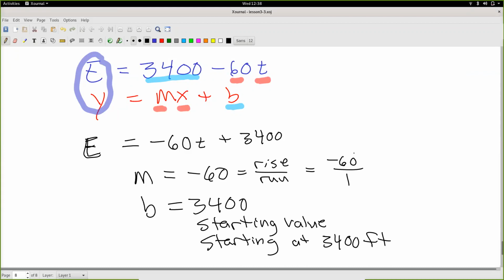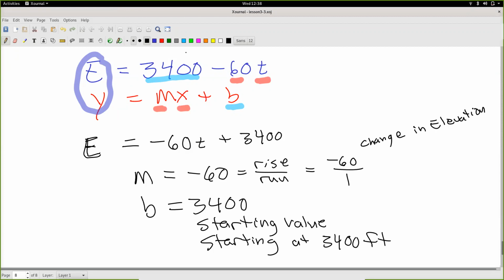The way it always works is the top number is the change in what you're calculating, and I'm calculating elevation. So this top number here is my change in elevation. And so the bottom number must be the change in my other variable, which is time.